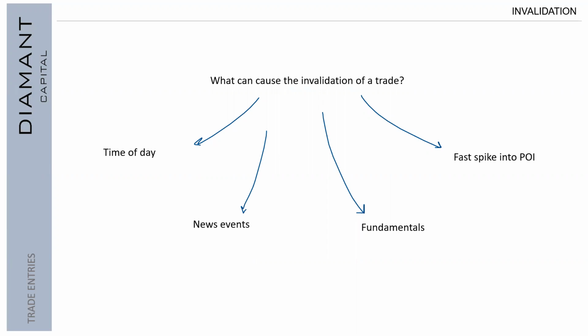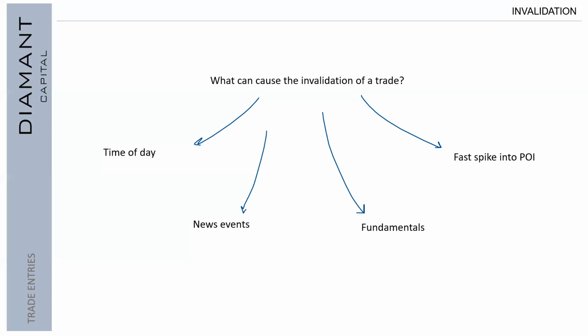The likelihood of that playing out is not too high, because we use time of day to also confirm our trades. You've got to think about the way price moves. Think back to, I think it was our second video in the second section, time and price in the daily cycle. You've got to understand the Asian range.